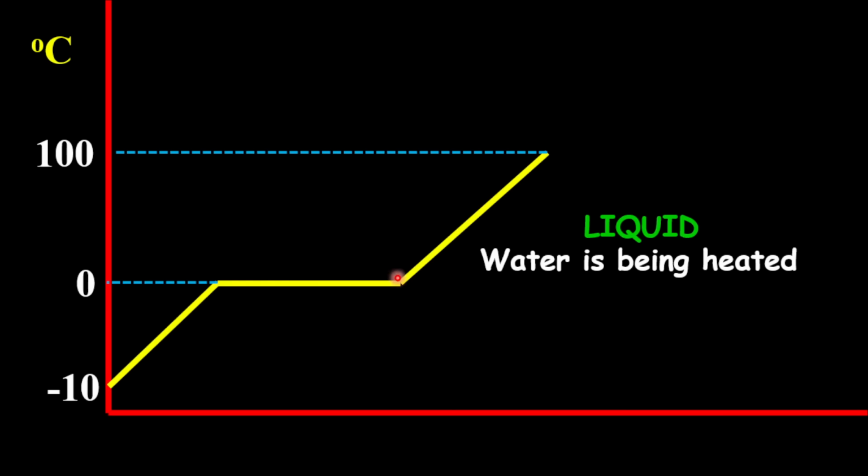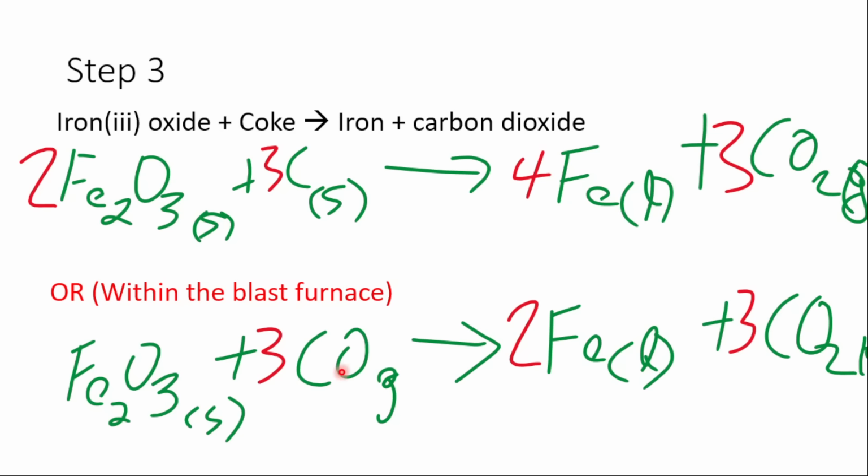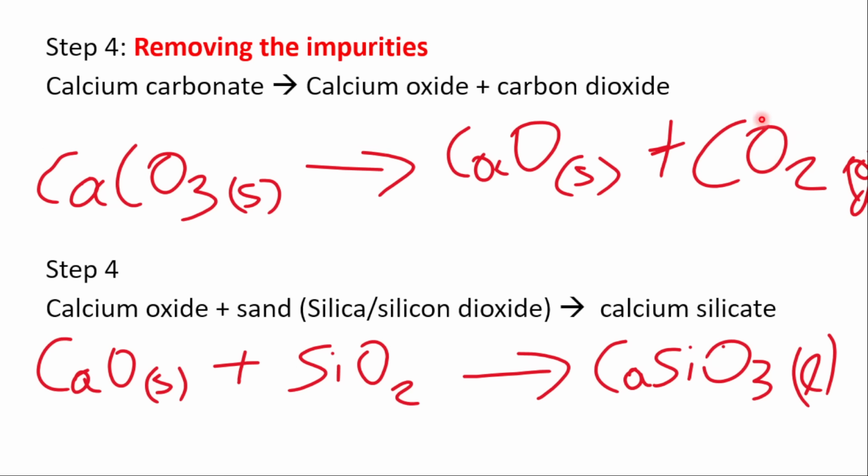Or if it's within the blast furnace, which is a very expensive method, the iron(III) oxide in the blast furnace reacts with carbon monoxide, and what you get here is iron and carbon dioxide. So it's similar to the one up top, either or, but of course the one on top is the most popular one that you will see. Step 4 is really to remove impurities from the process.